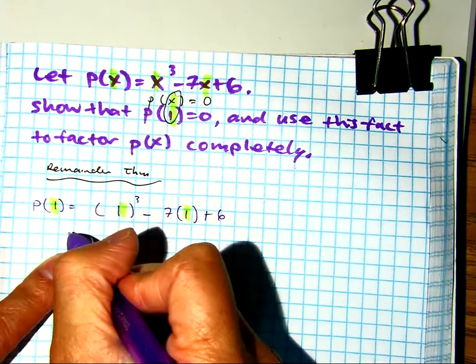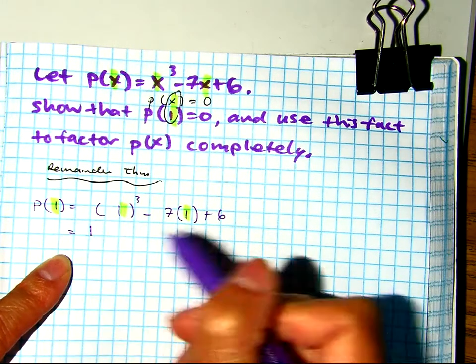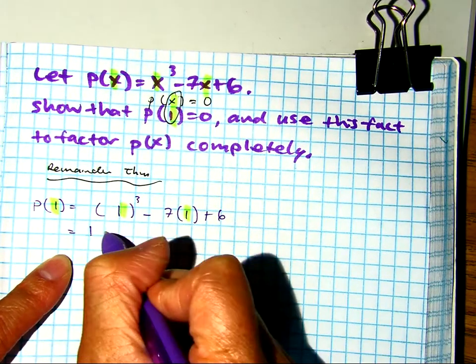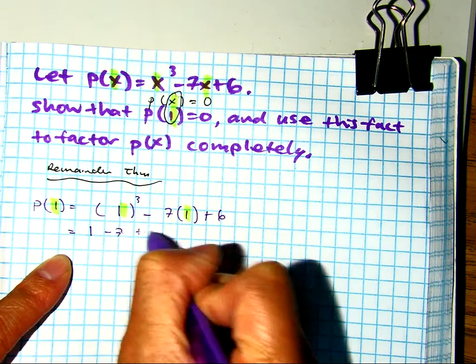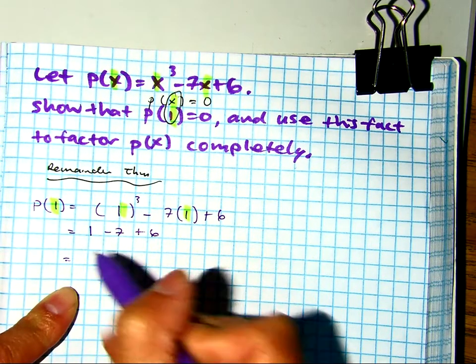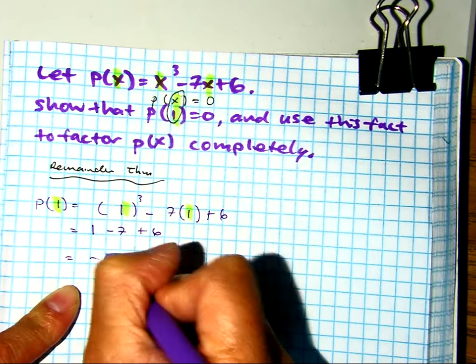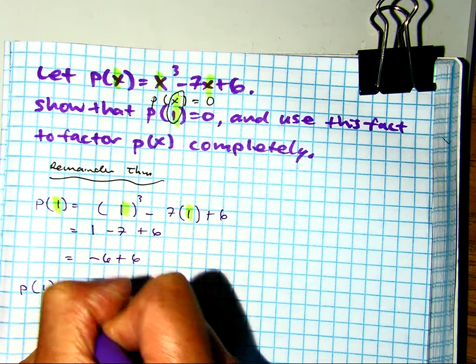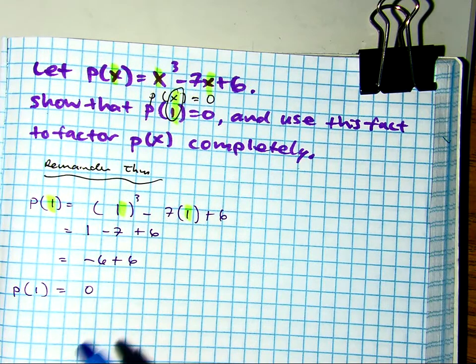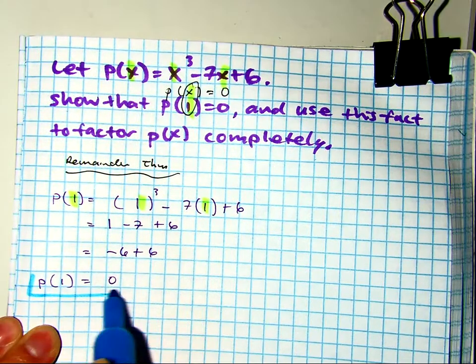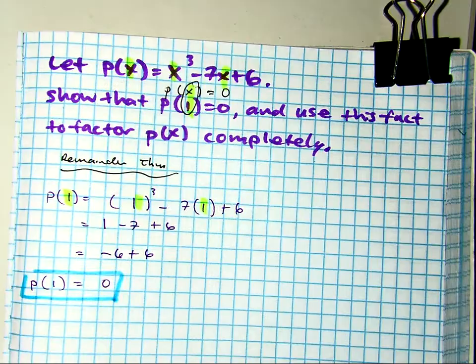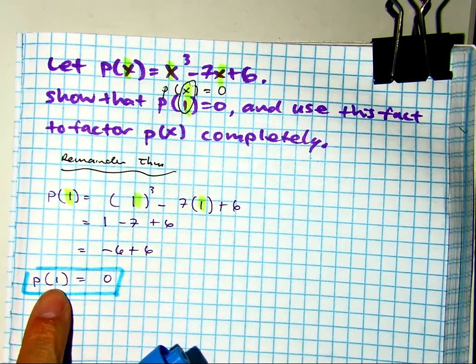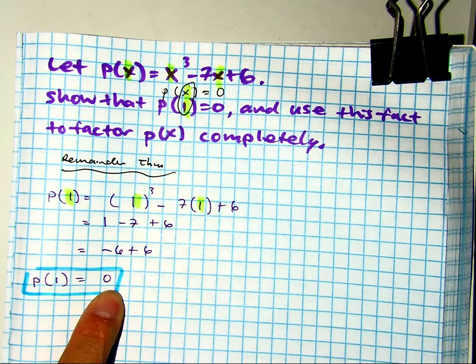Class, 1 cubed is 1, negative 7 times 1 is negative 7, 1 minus 7 is negative 6, and negative 6 plus 6 is 0. So using the remainder theorem, I've proven that when an x value is equal to 1, your remainder is equal to 0.